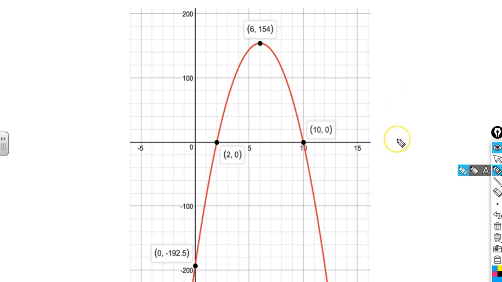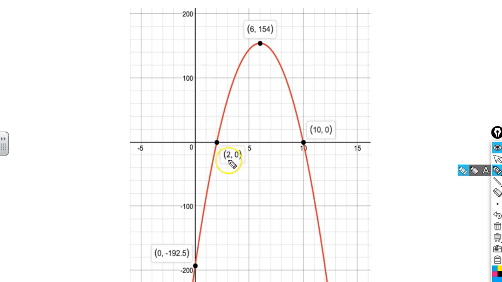So to review some of the key features of the quadratic functions, we know that we're looking for the x-intercepts, and we can see that this quadratic has two x-intercepts right here at (2, 0) and right here at (10, 0). If our x-axis represents the price of each hat, we know that this x-intercept represents a cost of $2 per hat, and our y-axis represents the profit.